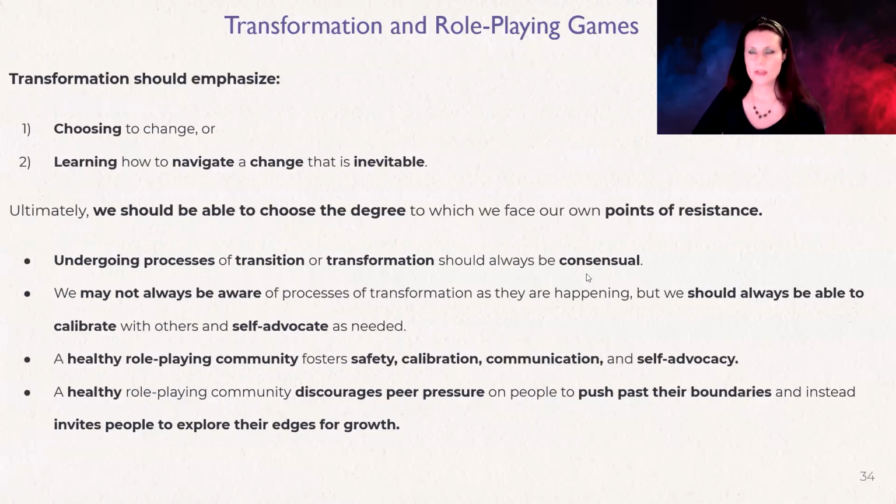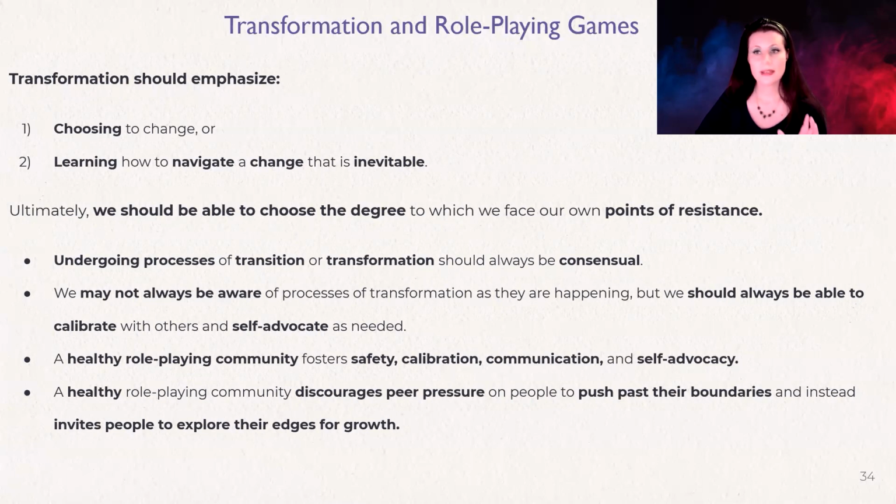And when we talk about transformation in this way, we really want to emphasize that this is a choice. So someone is choosing to change. They're not being forced in some way. Or they're learning how to navigate a change that is inevitable. So for example, Kugos is doing a lot of work on death.